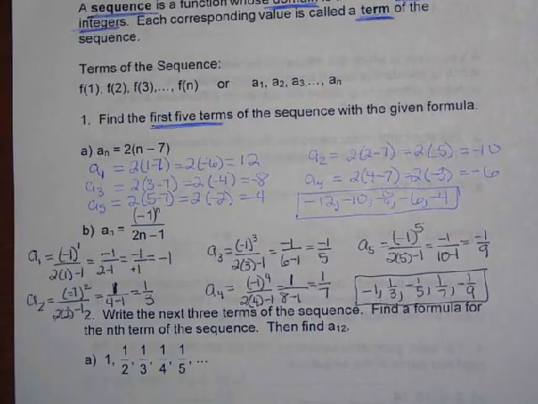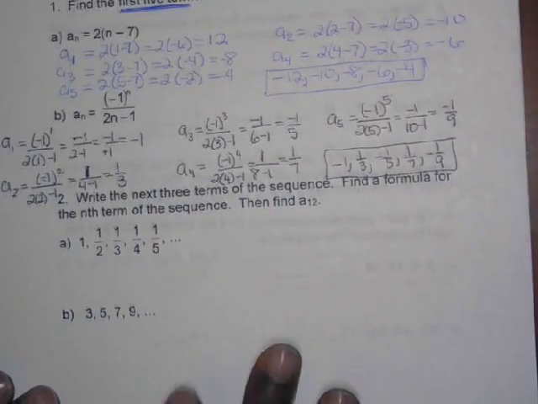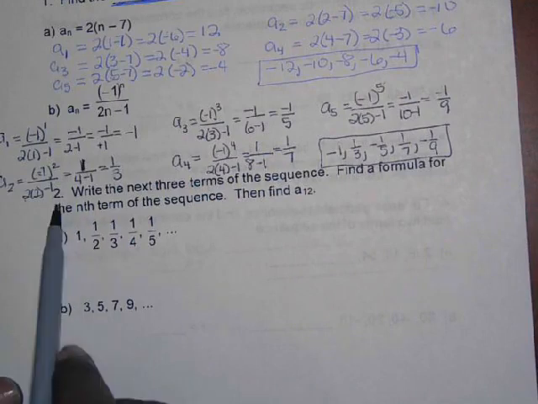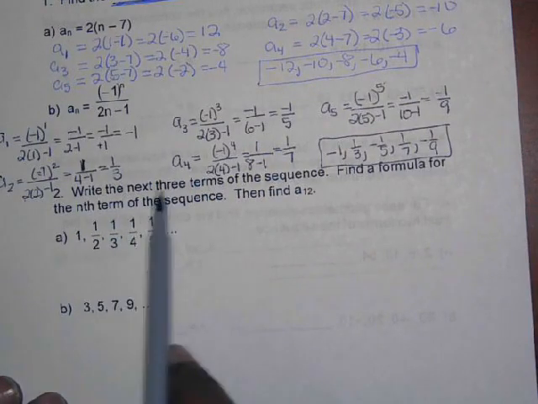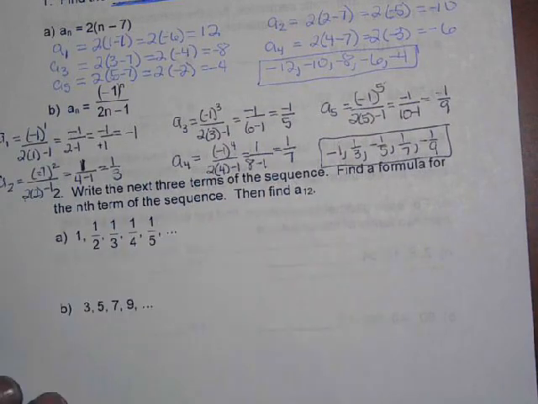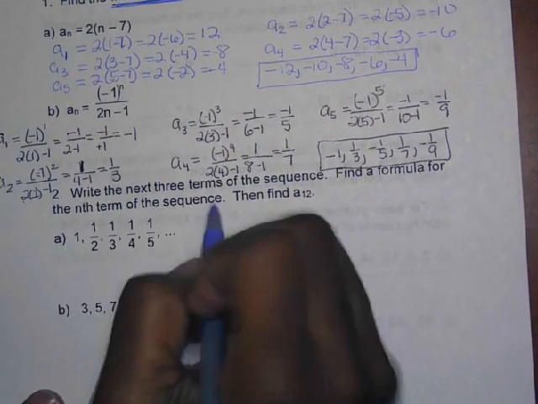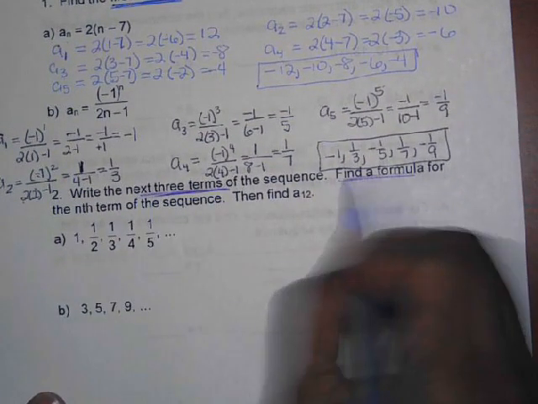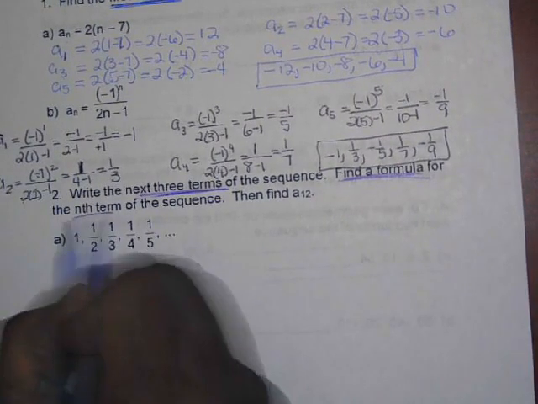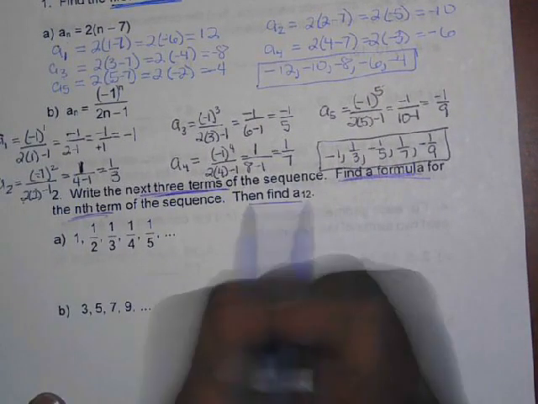Okay. Next, number 2. Write the next 3 terms of the sequence. Find a formula for the nth term, then find a 12.